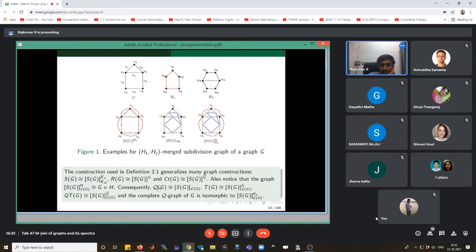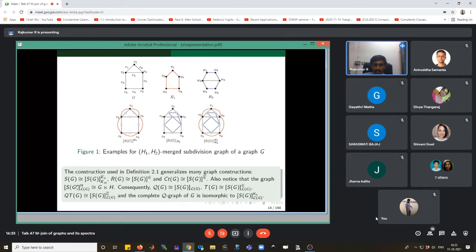Here we notice that this definition generalizes many graph constructions. For example, if we take H1 to be K_n bar and H2 to be K_m bar, totally disconnected graphs, then we get the subdivision graph. Then the R graph of G is nothing but S(G) merged with G, and the Q graph of G is S(G) merged with the complement of G. The overlay graph is also a particular case of this construction.